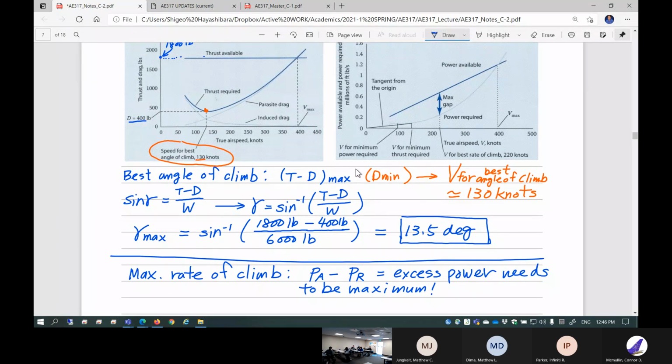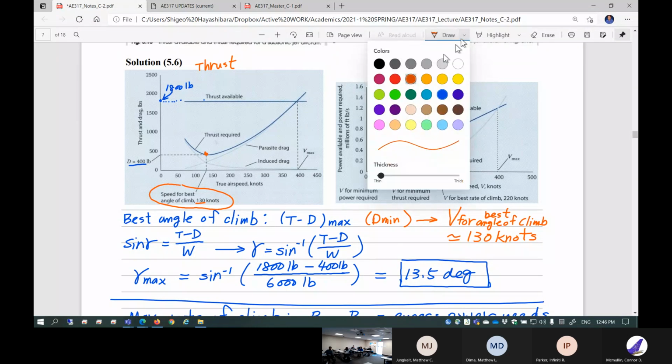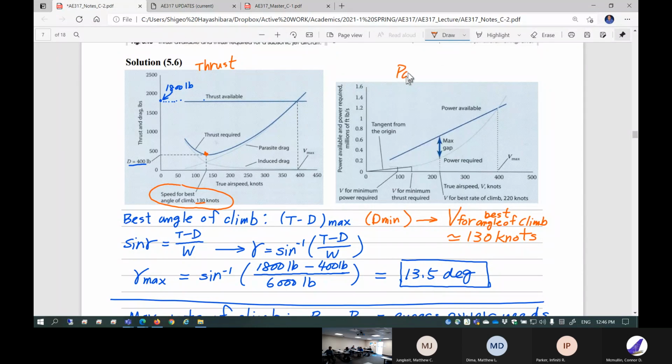So how can we find out such a thing? Well, this is the power plot. You have to switch over to the power plot. So this is a power plot.